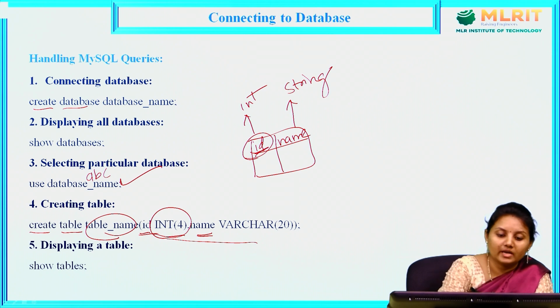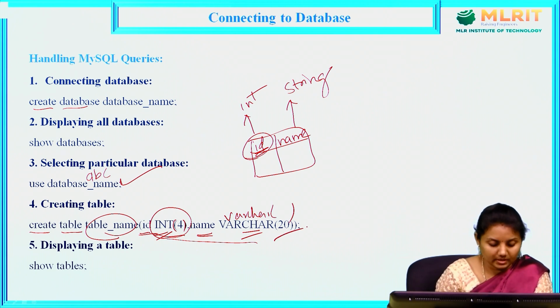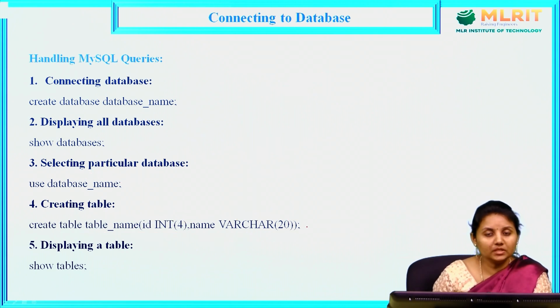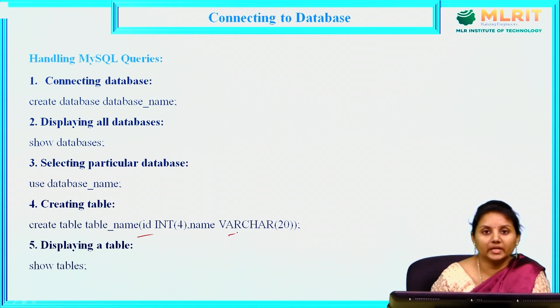So for ID we are giving integer, size also we are passing as 4. For string in SQL, how to give a string type? Varchar. So varchar of size, here it is given as 20. So how to create a table? Just use create table, table name followed by the parameters along with the data type.